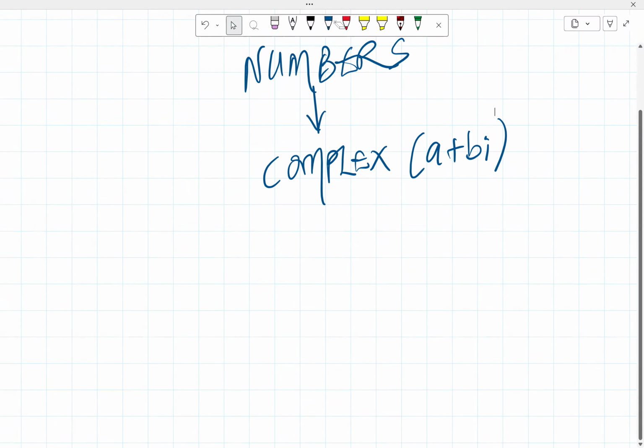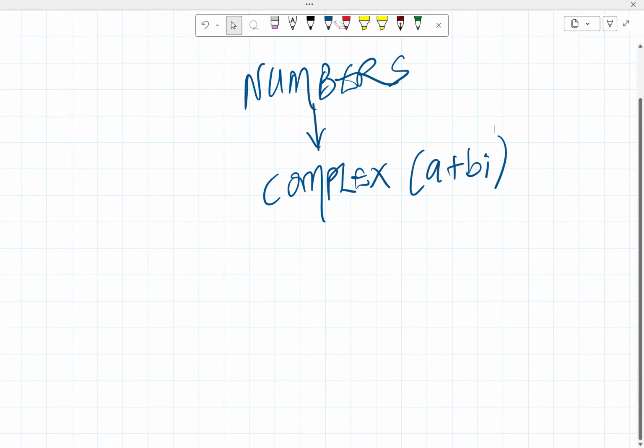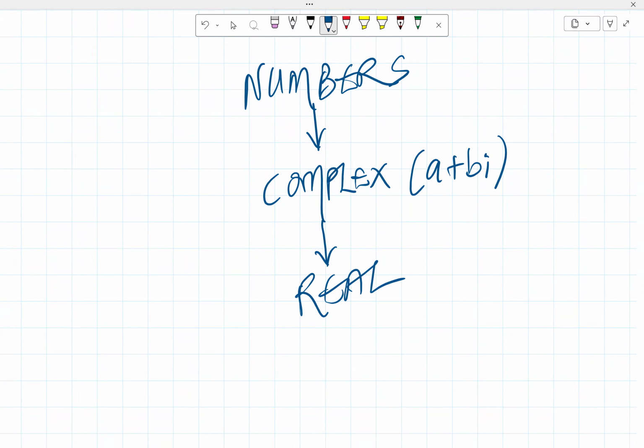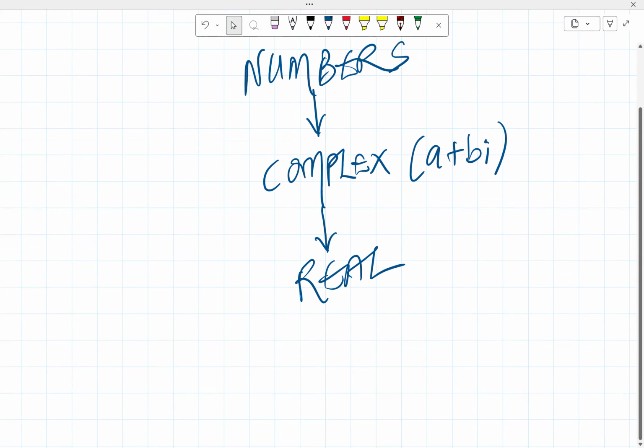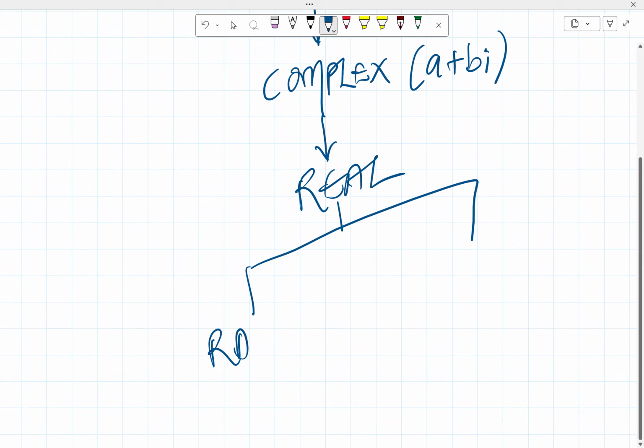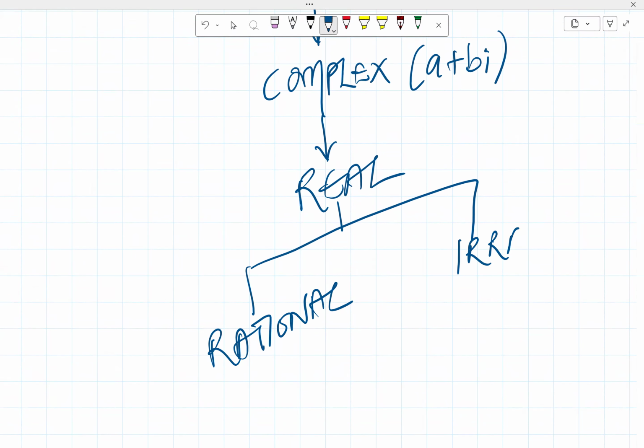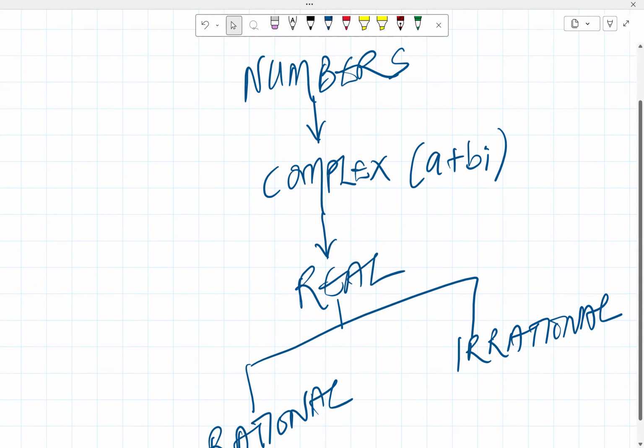Then following that, under complex numbers, we have real numbers. But this is where the division begins. Under real numbers, we can have numbers classified as rational and irrational numbers. For real numbers, the b here is equal to 0.